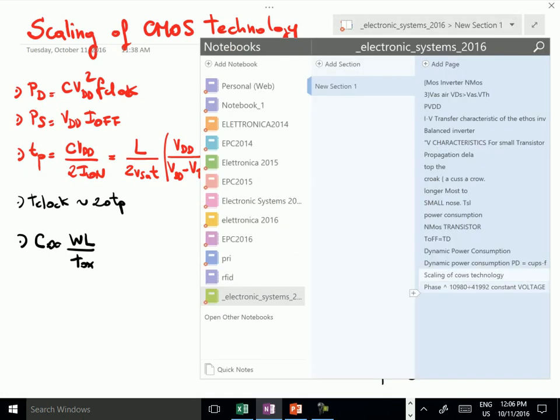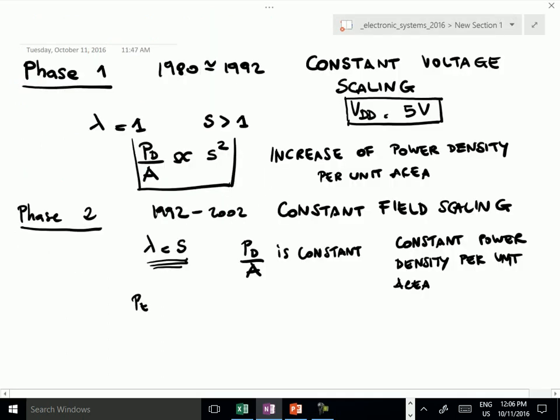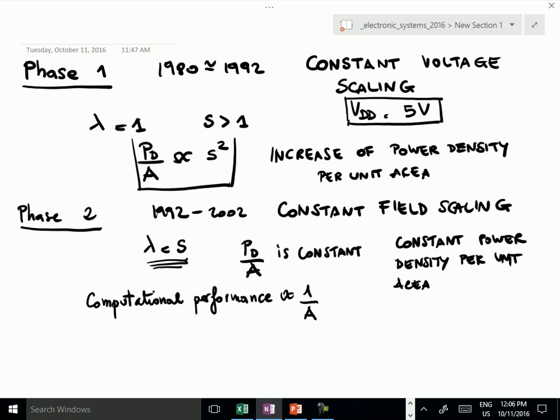So let's make a note. Computational performance is proportional to the inverse of the area, because at a constant area of the chip, the number of logic gates that you can put on a single chip is proportional to the inverse of the area of a single logic gate, times the clock frequency.